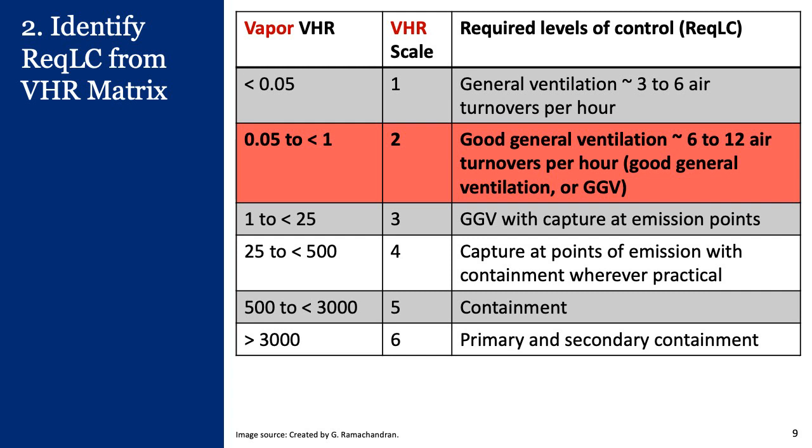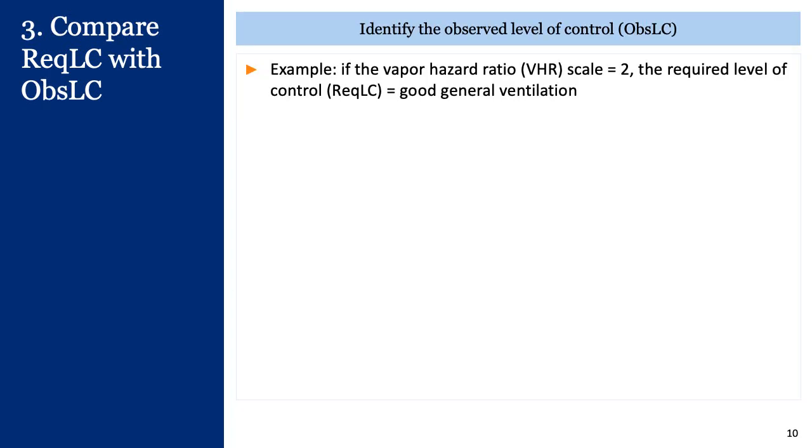And let's assume that for a particular scenario, the vapor hazard ratio is between 0.05 and 1. So we require good general ventilation, or 6 to 12 air changes per hour. Then in our walkthrough, in our basic characterization of the workplace, we identify the observed level of control.